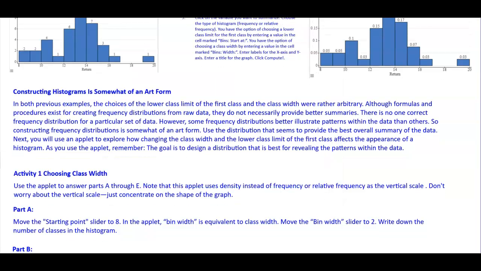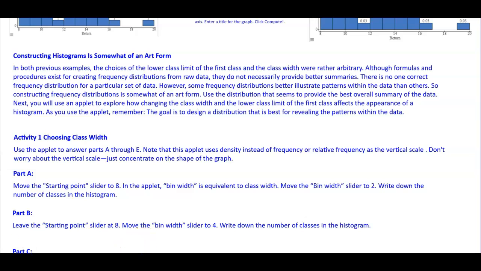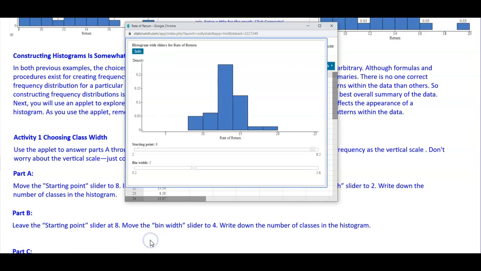Okay? Now let's take a look at the next question, part B. Okay, so in part B, it's telling us to leave the starting point at 8, which it is. So the starting point is at 8. And then we're going to move the bin width slider to 4. So we're going to move over to the right, and then we're going to go to 4.